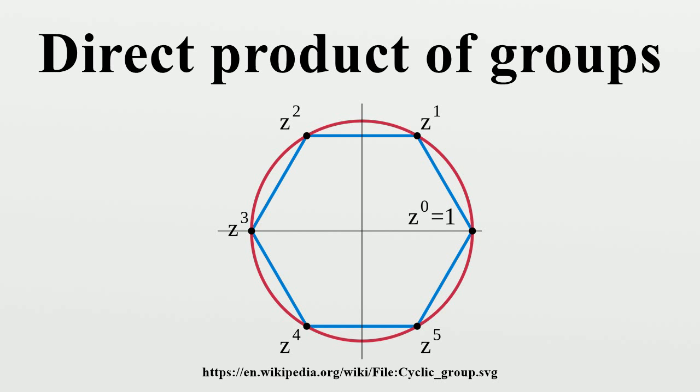Conjugacy and centralizers. Two elements (g1, h1) and (g2, h2) are conjugate in G × H if and only if g1 and g2 are conjugate in G and h1 and h2 are conjugate in H. It follows that each conjugacy class in G × H is simply the Cartesian product of a conjugacy class in G and a conjugacy class in H. Along the same lines, if (g, h) ∈ G × H, the centralizer of (g, h) is simply the product of the centralizers of g and h: C(g, h) = C(g) × C(h).